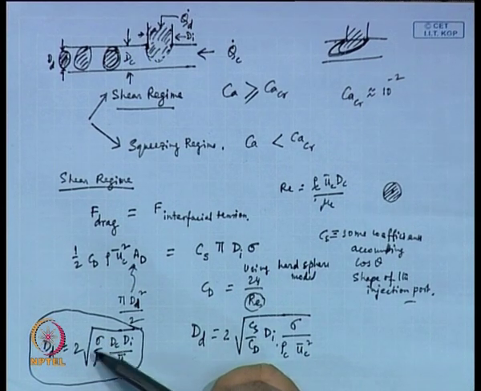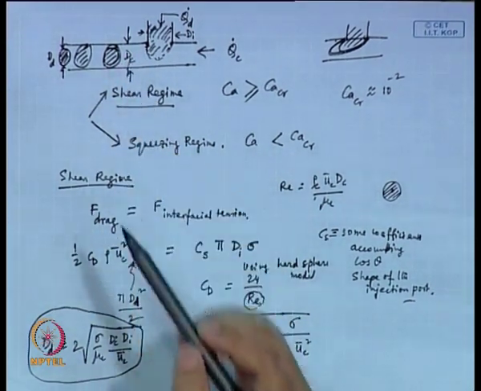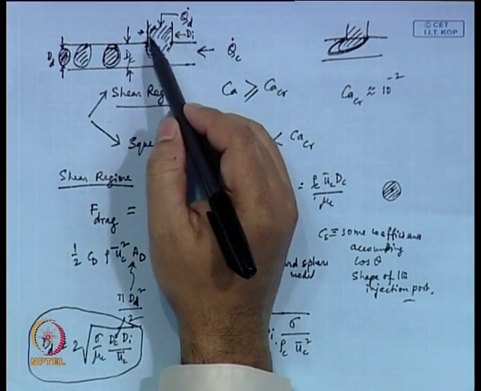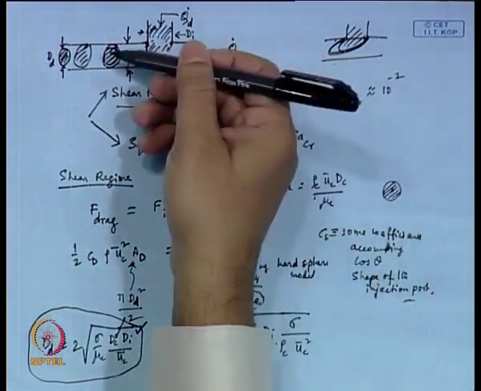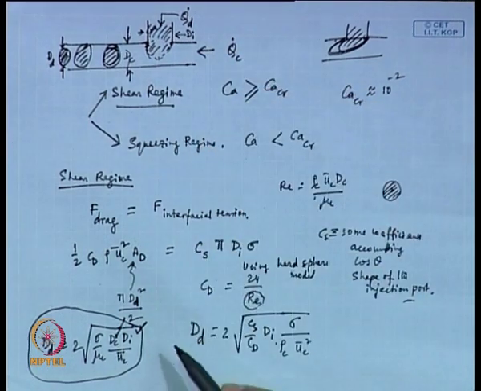The functionality here is that we have the capillary diameter d_c, and we have d_i, the diameter of the injection port. We have uC bar, the average velocity of the carrier fluid, which is nothing but Q_c dot divided by πd_c² by 4.